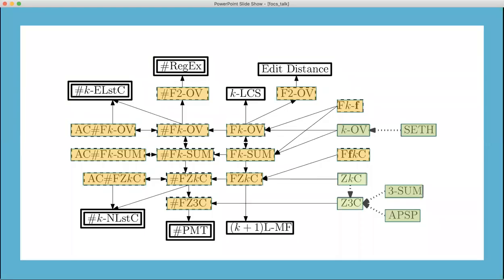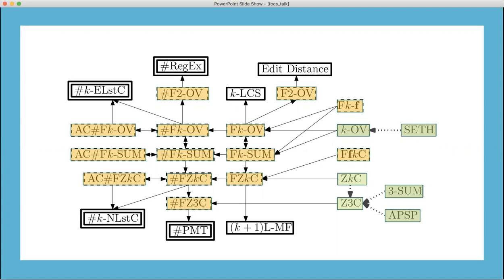So here is the map of our results. It has a lot of problems, but the thing to note is that there are some core problems that I've shown in green, on the right. We start from them. We have some factored problems that are shown in orange, in the middle. And then we finally get to some non-factored problems, just regular problems that are shown in white.